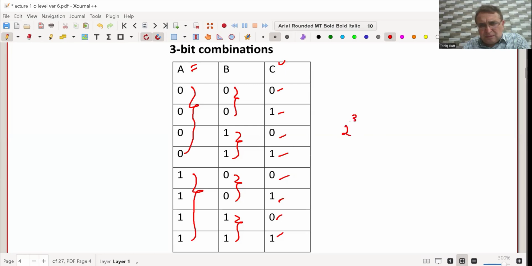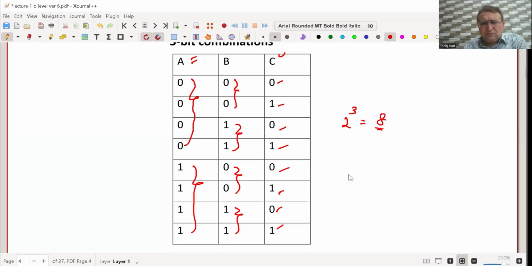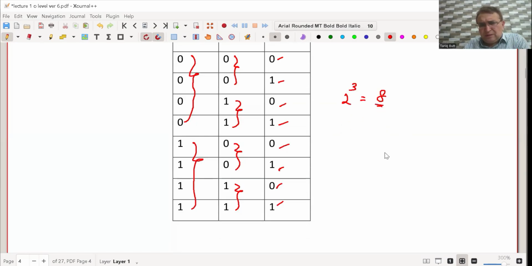And this is 2 raised to 3, which is 8. So if similarly somewhere there are 4 inputs, for that we can make 16 possible input combinations in the truth table, and so on.